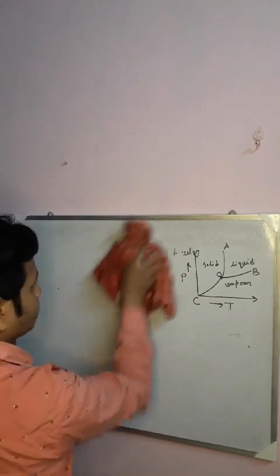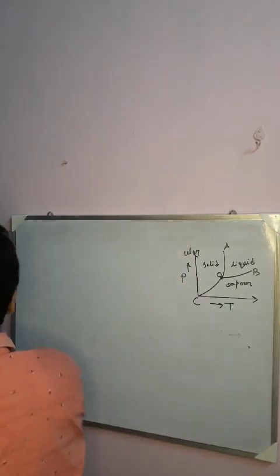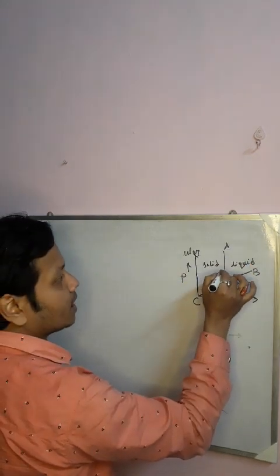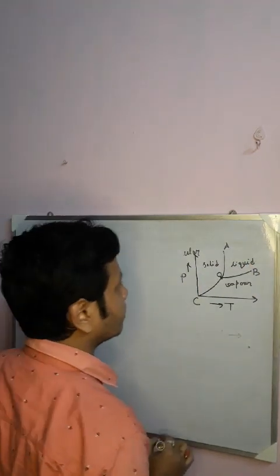Now if you look back into the picture, then OA represents the equilibrium line between solid and liquid.